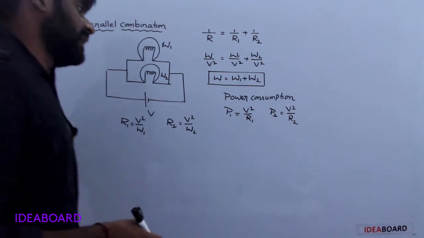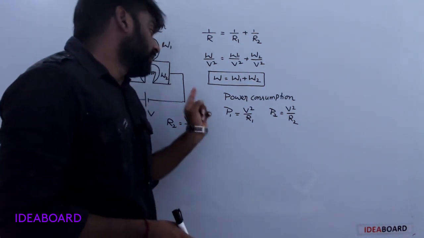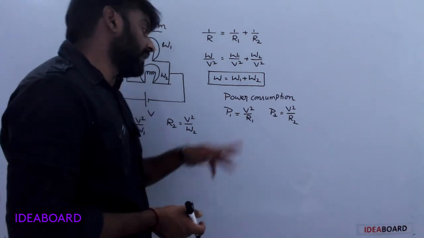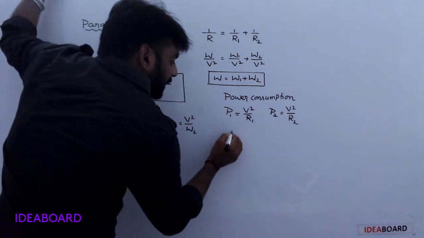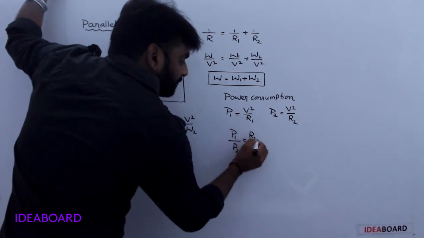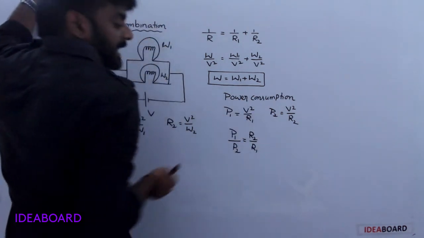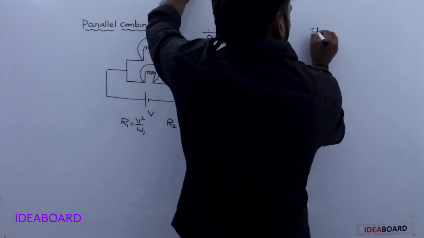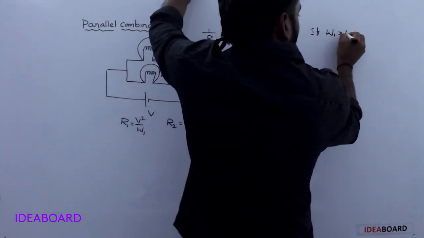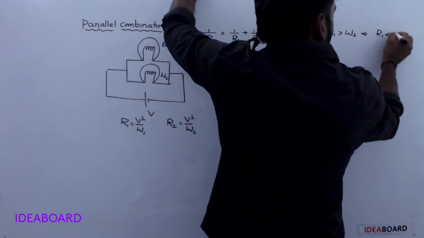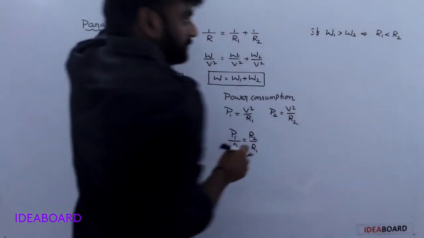Okay. In series combination, current is constant. In parallel combination, voltage is constant. Now here P1 by P2 is equal to R2 by R1. If W1 greater than W2, based on this one, R1 less than R2.